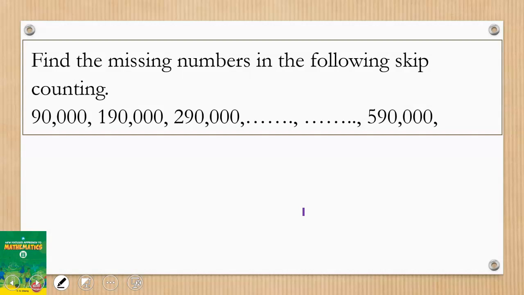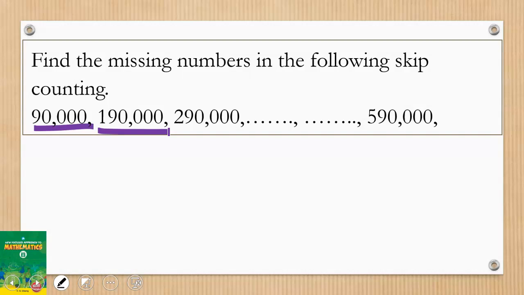Find the missing number in the following skip counting. You can see here we have 90,000 and we have 190,000. The difference between the first number and the second number is what you have to be smart enough to find. Between 90,000 and 190,000, the difference is going to be 100,000, right?